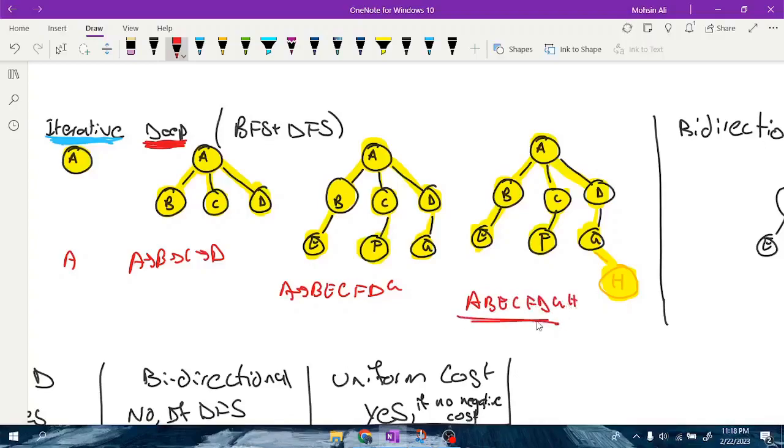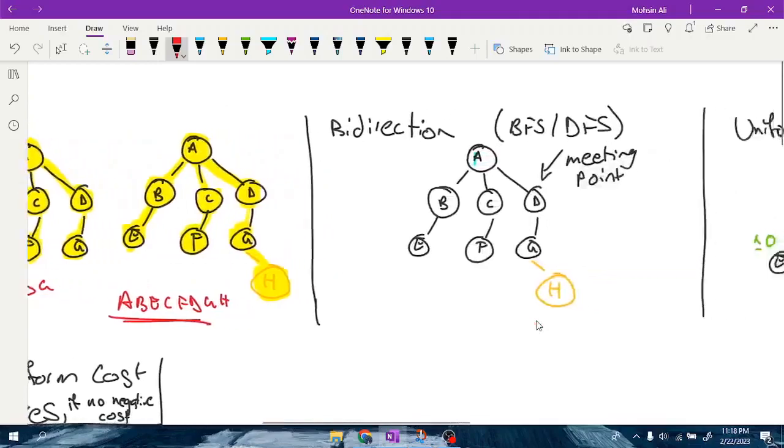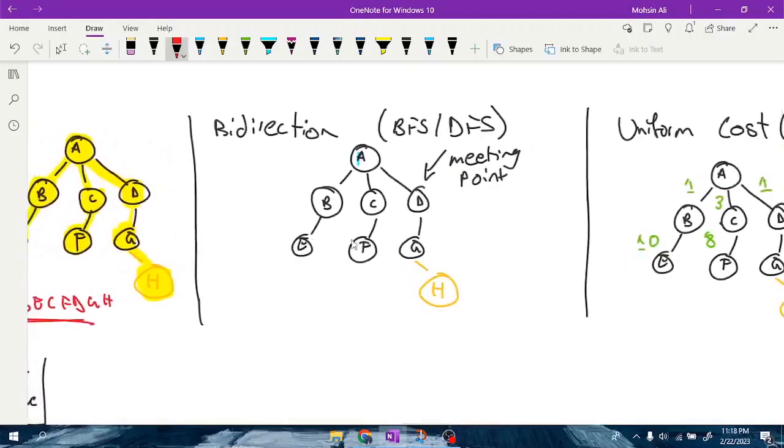That was the path. Then we have the bidirectional, and the name states bi, which means there are 2 directions. The way we do this is instead of having a traversal starting from the start node to the goal state, we have traversals from both the start node and the goal itself.